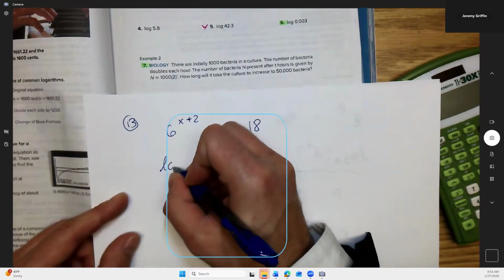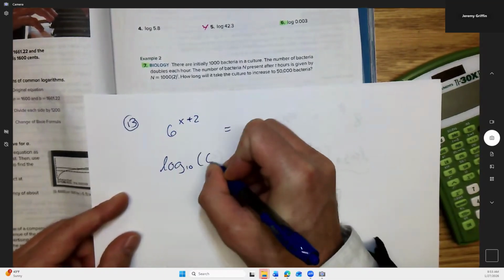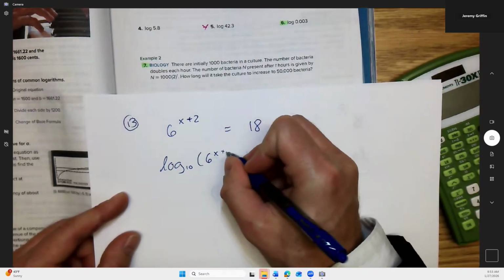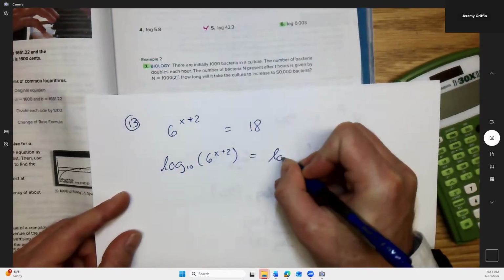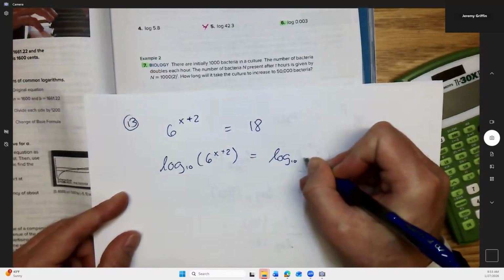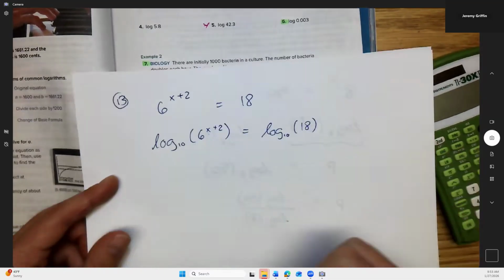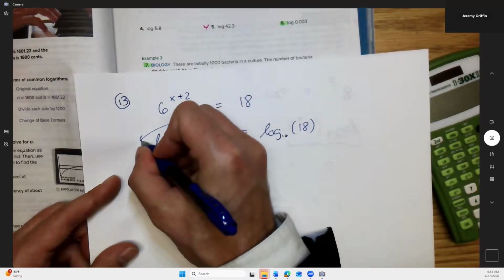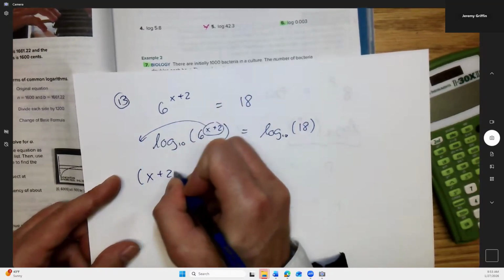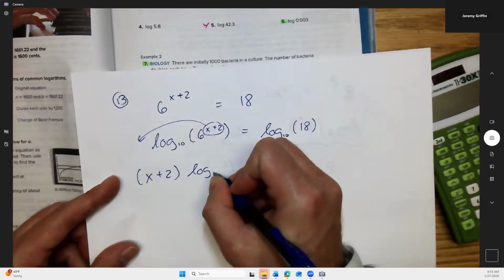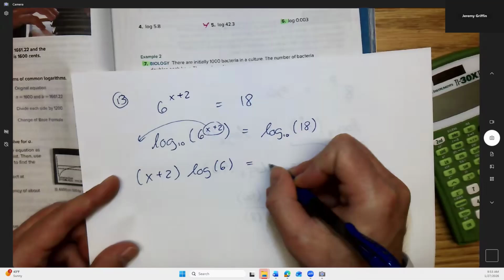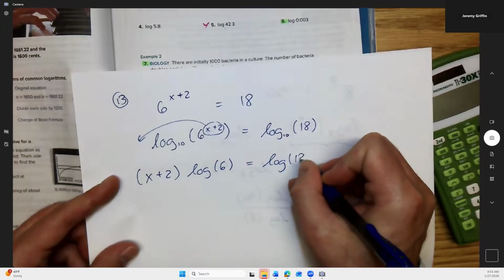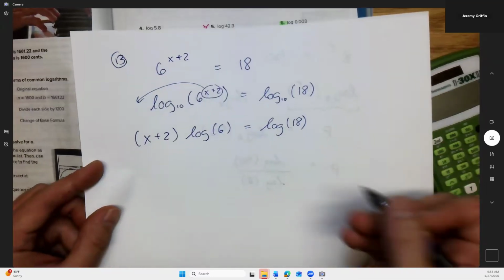Logarithm. I'll do base 10. Log 18, so then x plus 2 times log. Bring this down here. So we got x plus 2 log of 6 equals log of 18. Okay, now what?